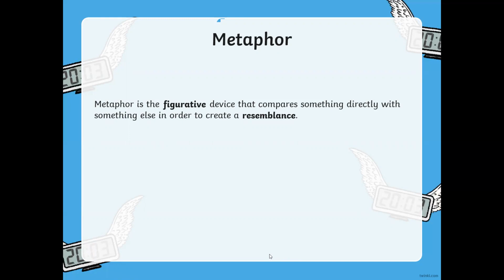Very good. So this is a figure of speech, right? Now, when we say figure of speech, it means that we are not being literal, so we don't actually mean what we say. So if we say that Tom is a giraffe, do we literally mean that Tom is a giraffe? No, we just mean Tom is tall.